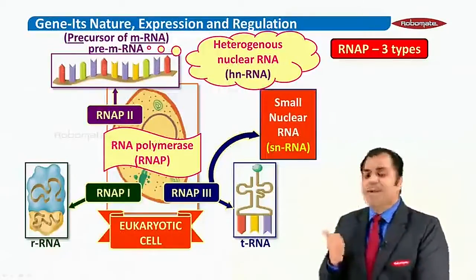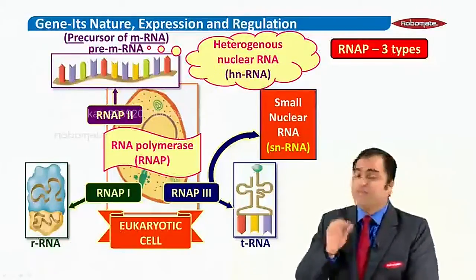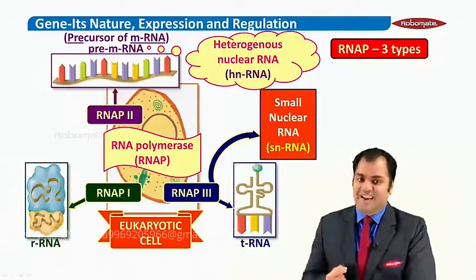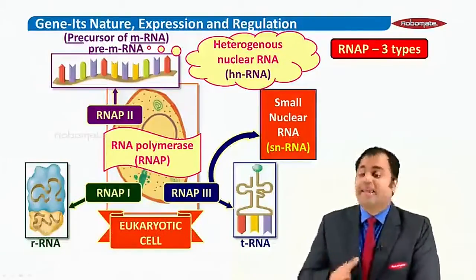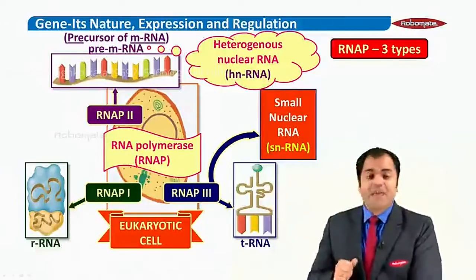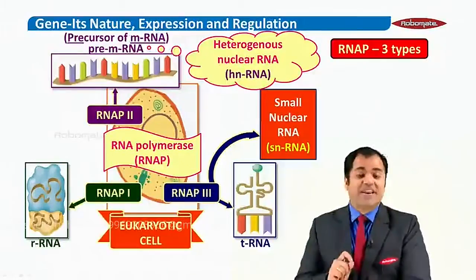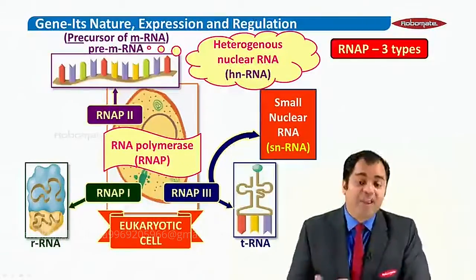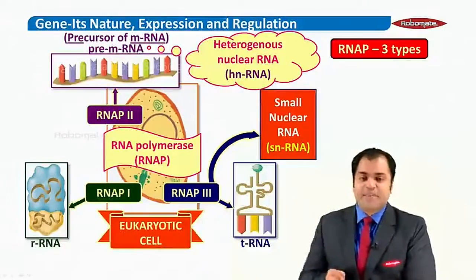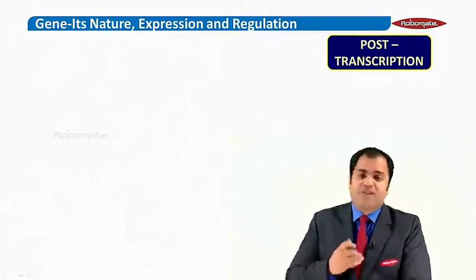So the same RNAP3 is also involved in the synthesis of this fourth type of non-genetic RNA called snRNA. So we can say that in eukaryotes, RNAP1 forms rRNA, RNAP2 forms pre-mRNA or hnRNA, and RNAP3 forms tRNA and snRNA.